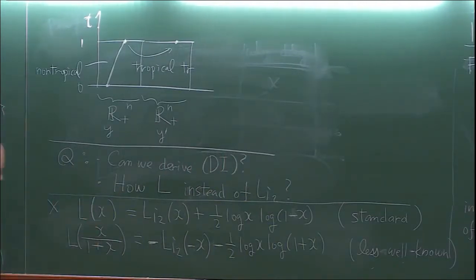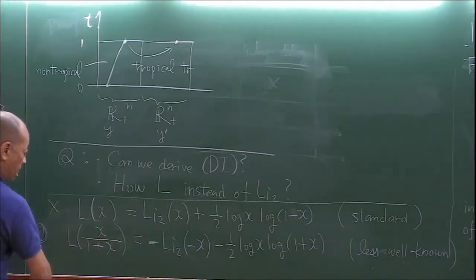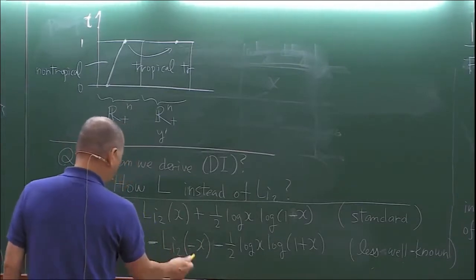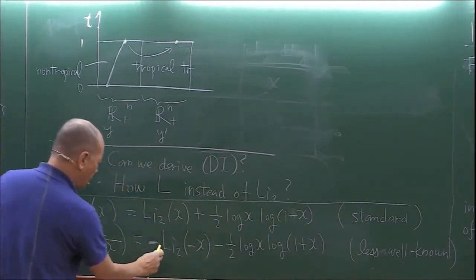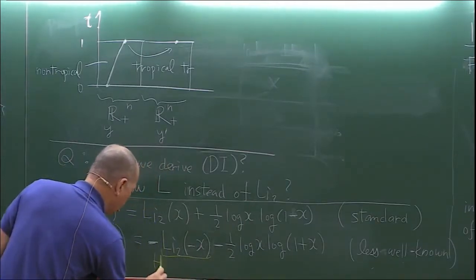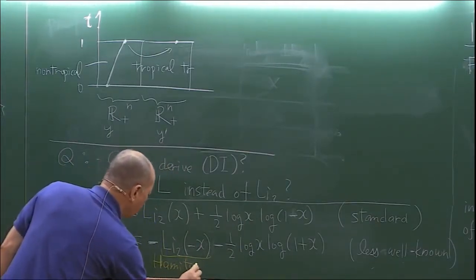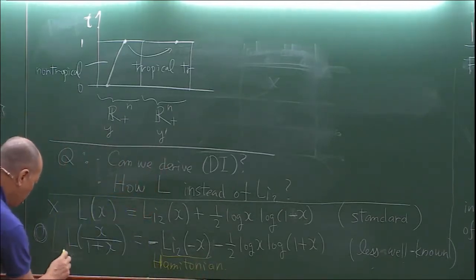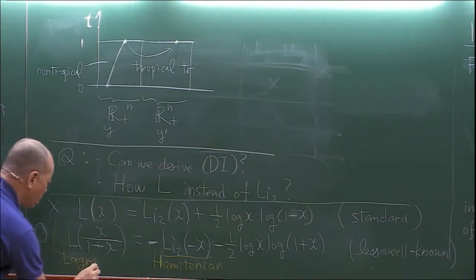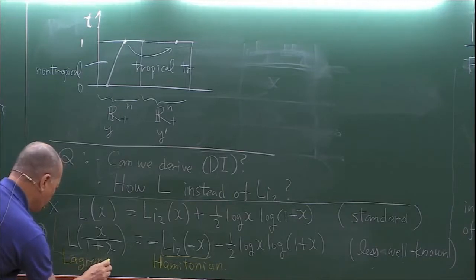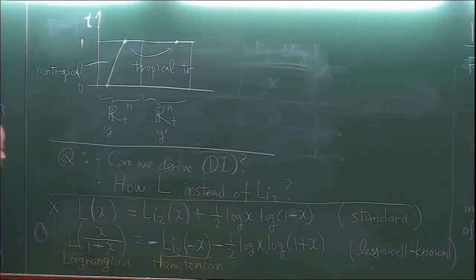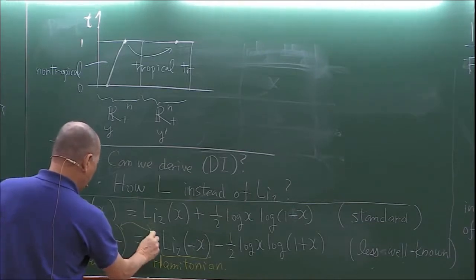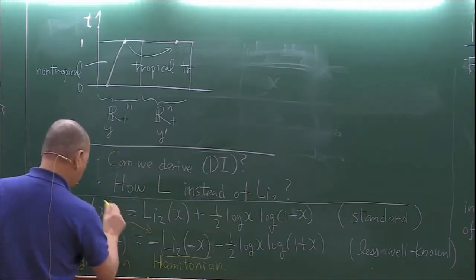Now I want to say that this formula really already explains why this function is important. You consider this as a transformation of this function to this function. And in my context, it was a Hamiltonian. What is this? I'm going to explain that this is a Lagrangian, another way to formulate dynamics. And this transformation is called the Legendre transformation in the sense of classical dynamics.